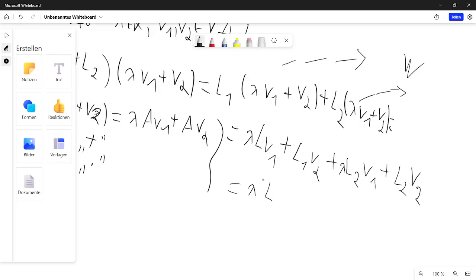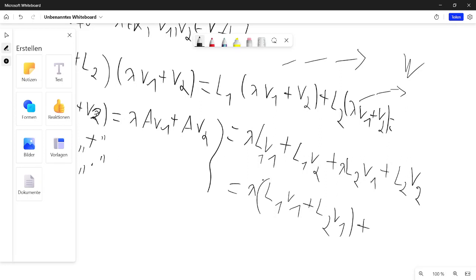Now, okay, that of course one, right? So I use, okay, let's see, L1 of v1. Let me be a little bit slower. L2 of v1. Here I just have used the distributive law on vector spaces, right?